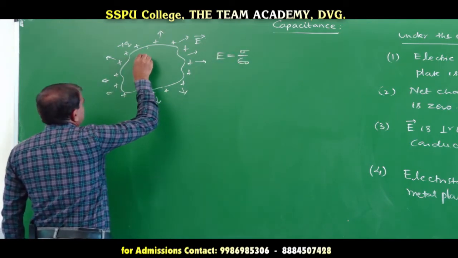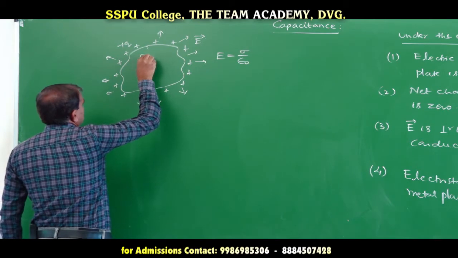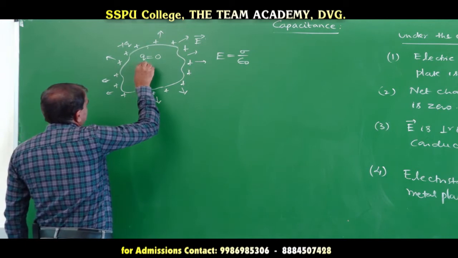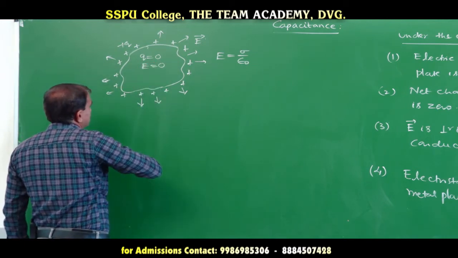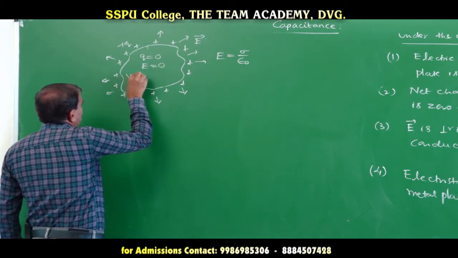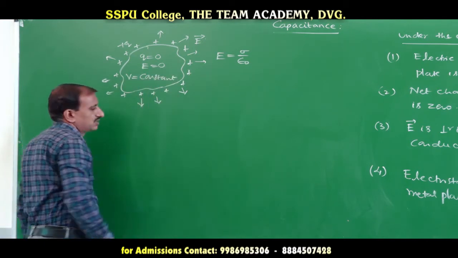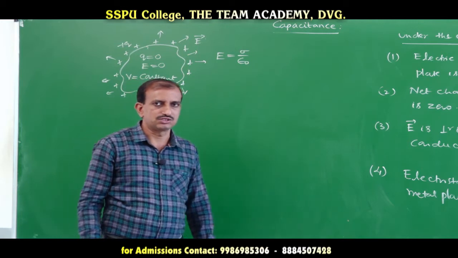Inside the conductor, the charge is equal to 0. Electric intensity inside the conductor is equal to 0 and potential is constant. Inside the conductor, the potential is constant.